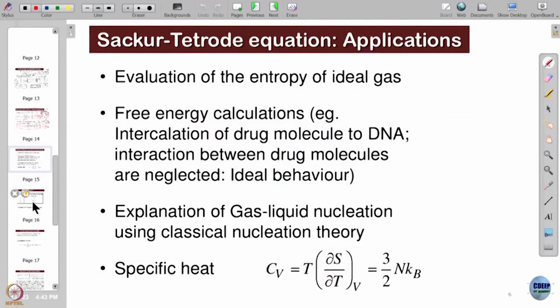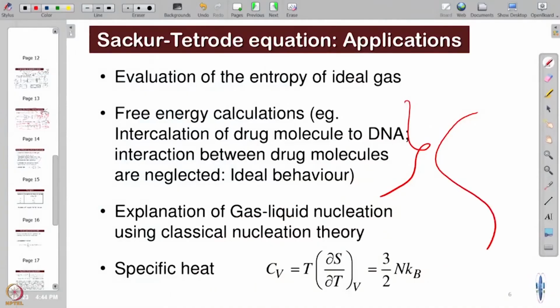So now I just want to tell you why these things are so important. So what is the Sackur-Tetrode equation? One of the important applications of the Sackur-Tetrode equation in modern times is this: very recently it has been used by several people to calculate how a drug goes into the minor or major groove of DNA.